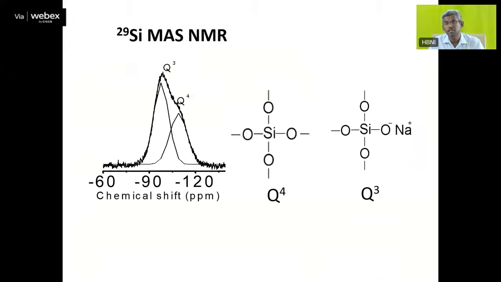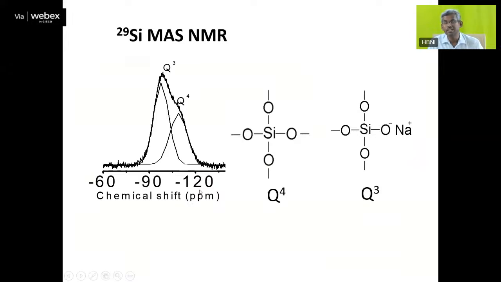Now I have mentioned here a Q4 structural unit with 4 bridging oxygens. The moment it gets converted to a Q3 structural unit, the chemical shift changes. You see here the Q4 structural unit has a chemical shift around -110, somewhere around -109, -110 or -111, whereas Q3 has a chemical shift of around -100.